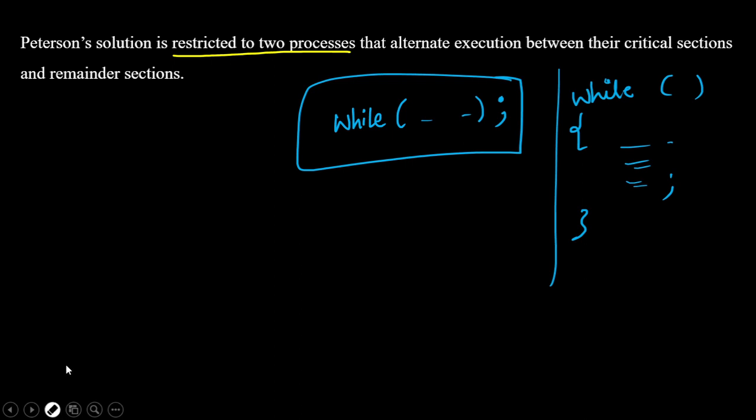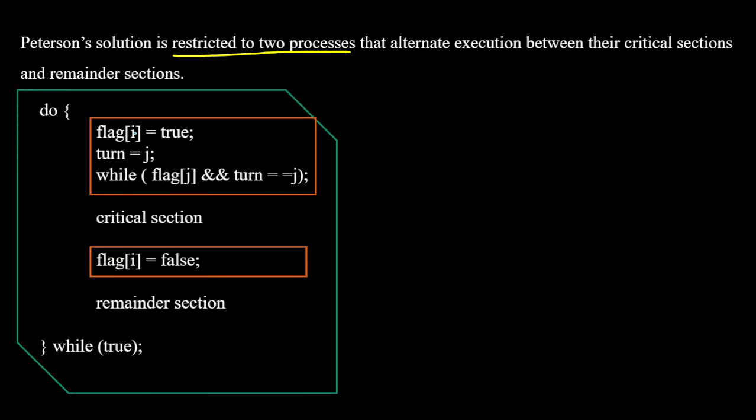So let's start with the code. This code is for your process Pi. We have a do-while loop. Do flag of I is equal to true.